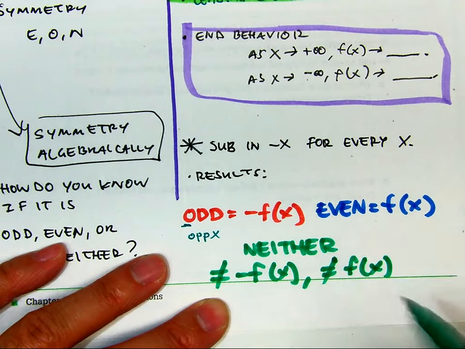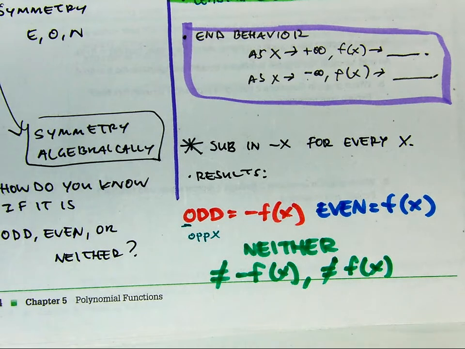So if it's not an odd, it's not an even, then it's going to be a neither. So this is how you test for symmetry algebraically.